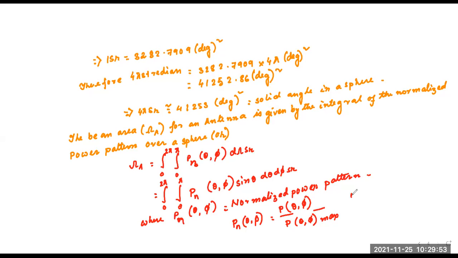Where P of theta comma phi is the pointing vector, that is equals to E theta square for theta comma phi plus E phi square for theta comma phi, divided by Z0.